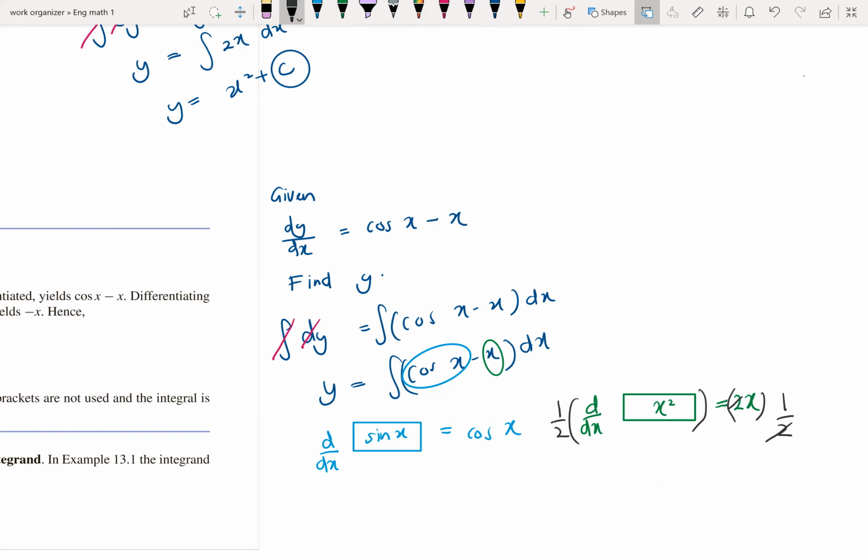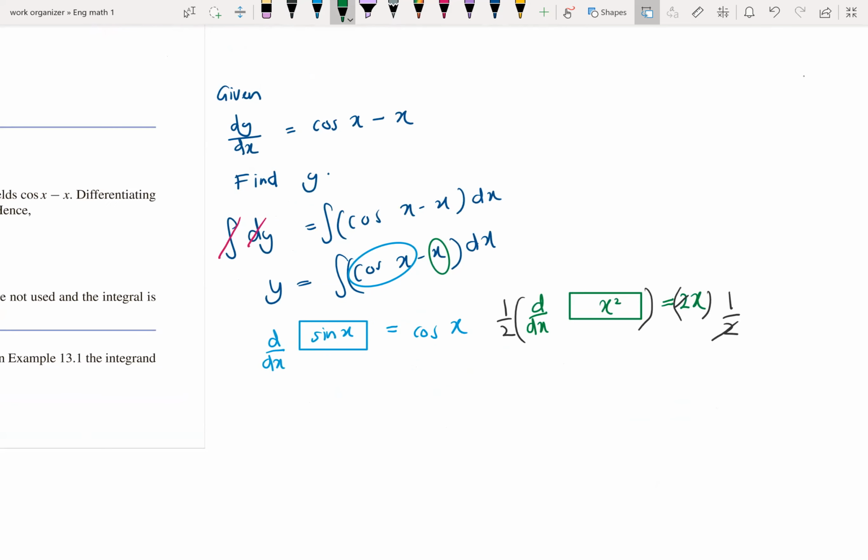So it will become d dx of (x squared over 2), which is equal to x. Now we have found the answer which is in the box.